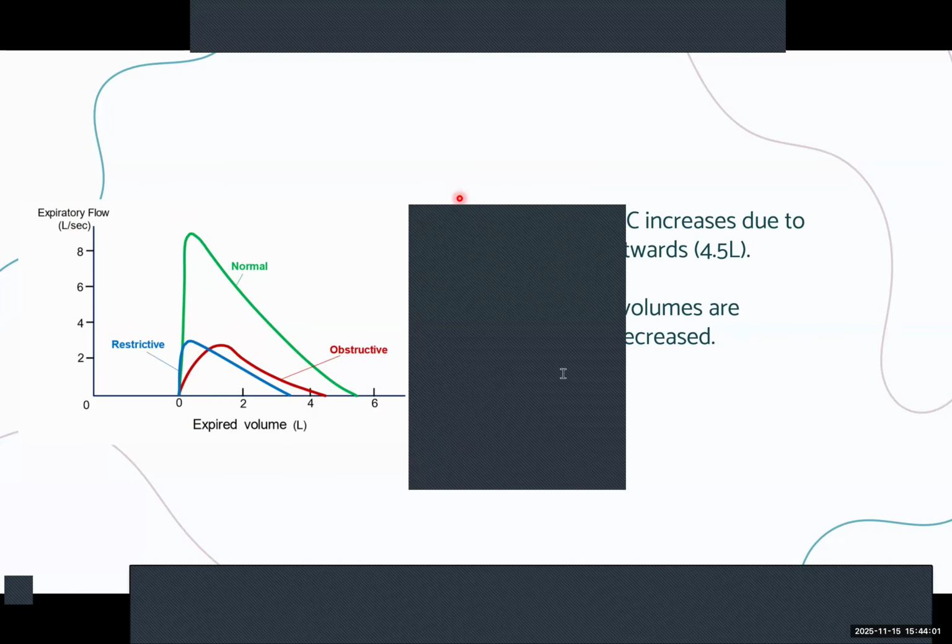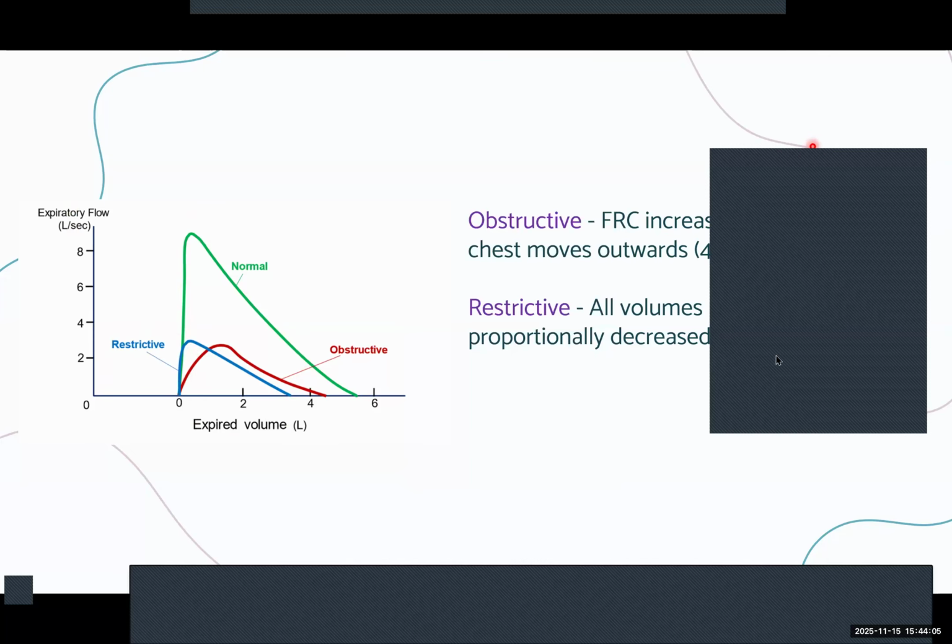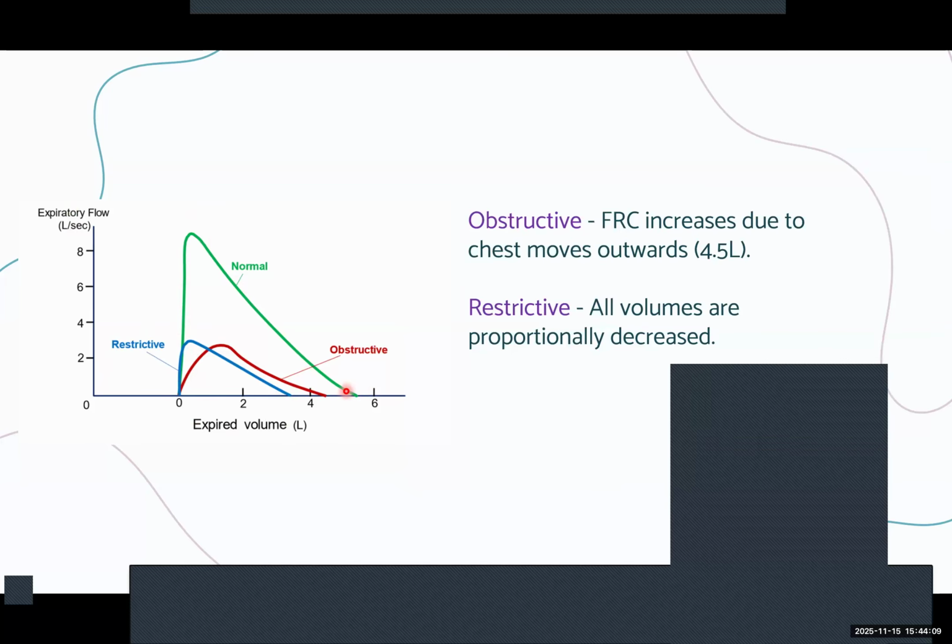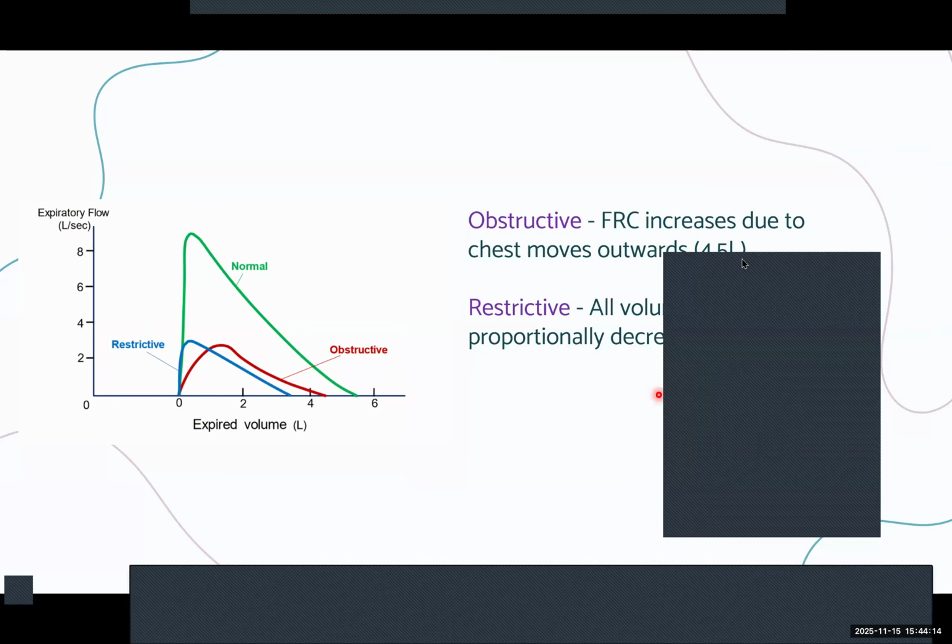But in obstructive, isn't there a problem? Yes, there is a problem in exhalation, that's completely correct. But what happens in restrictive lung diseases is that all volumes are proportionally decreased. You have a huge blockage once you're inhaling, so it restricts your inhaling. Normally, a person is going to breathe 3 liters. In obstructive, because of increased compliance, he might breathe up to 5 liters.